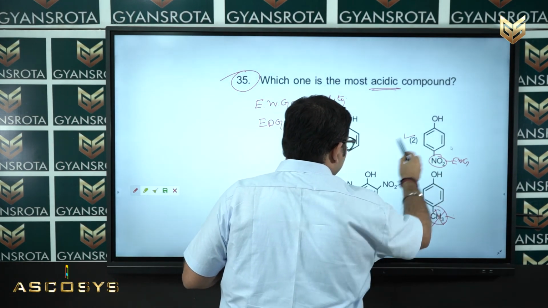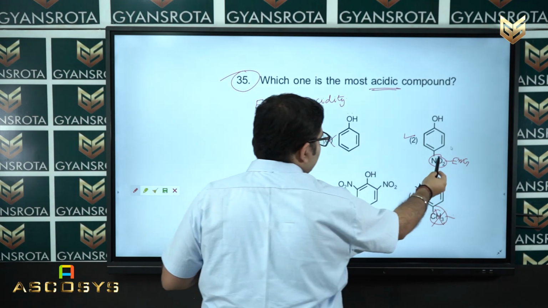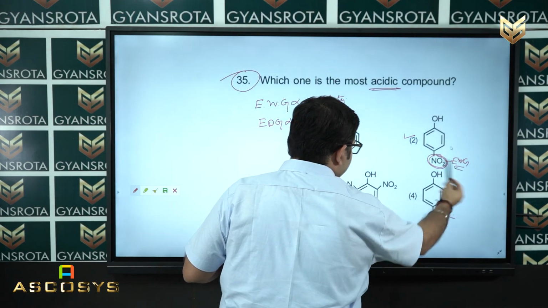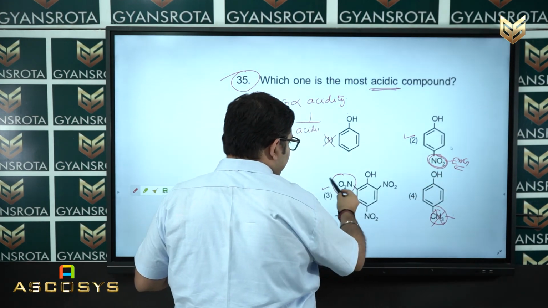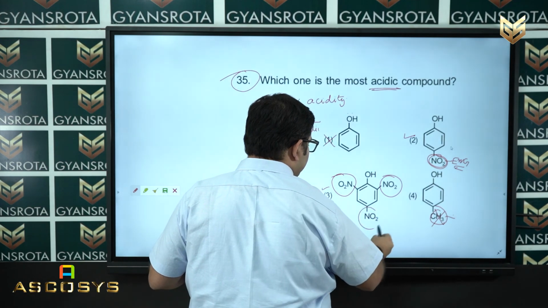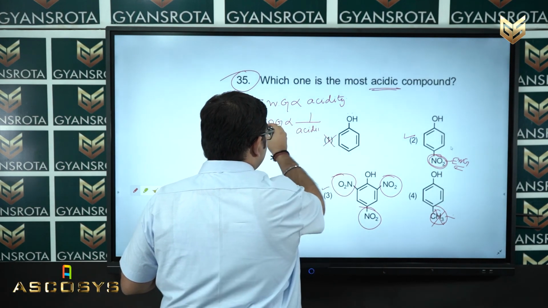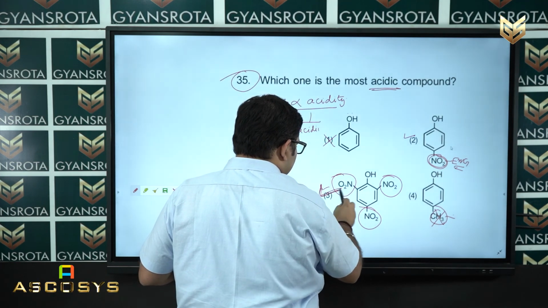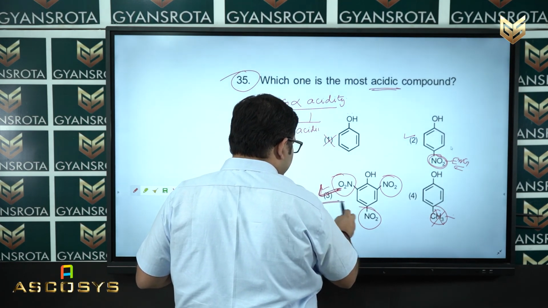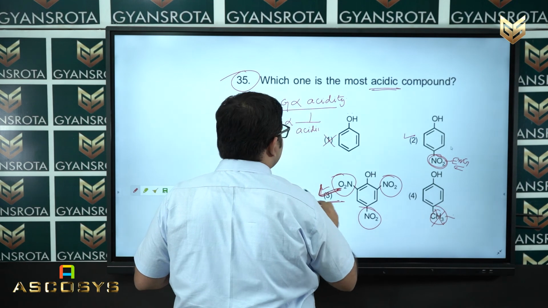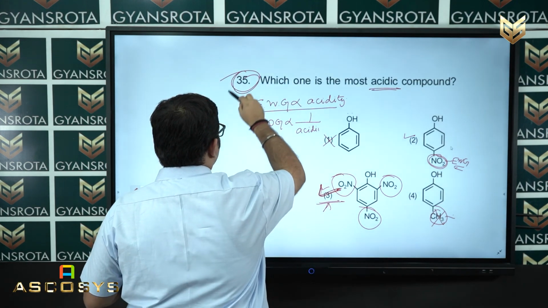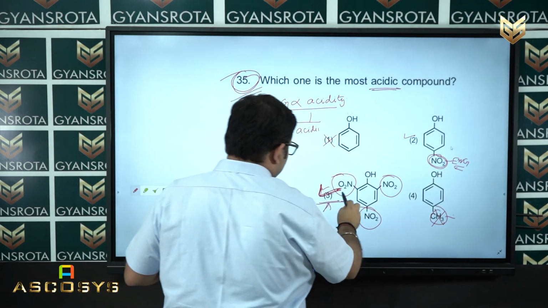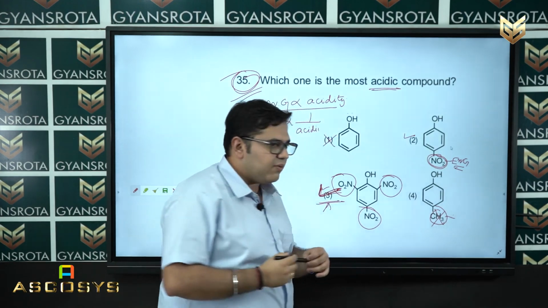In option number 2 and option number 3, if you see here only one electron withdrawing group is present, but in this case we have 3 electron withdrawing groups. Electron withdrawing group is directly proportional to the acidity. So, option number 3 is the correct answer of your question number 35. Option number 3 is the more acidic compound.